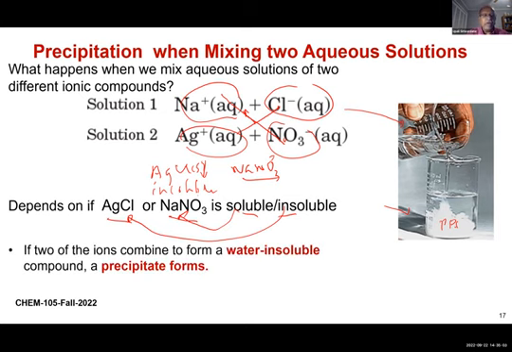So if two or more ions combine to form a water-insoluble compound, that is a precipitate. Therefore, to predict a precipitation reaction, you have to look at the new combinations created upon mixing, and whether they are soluble or insoluble salts. If no insoluble salt forms, there is no reaction.